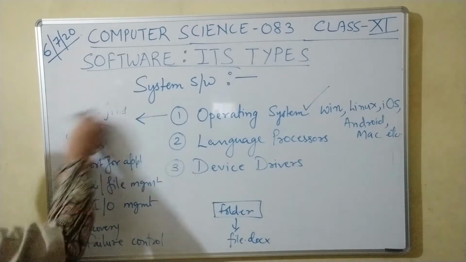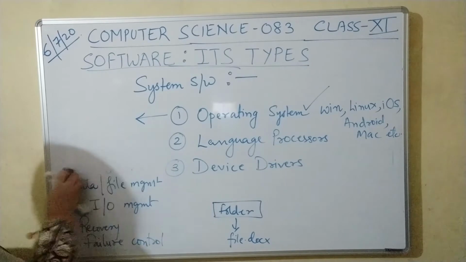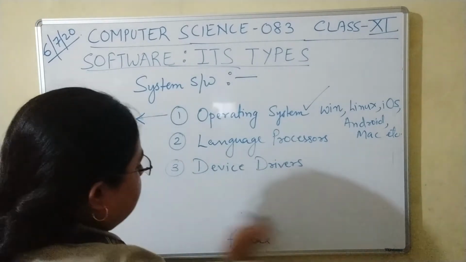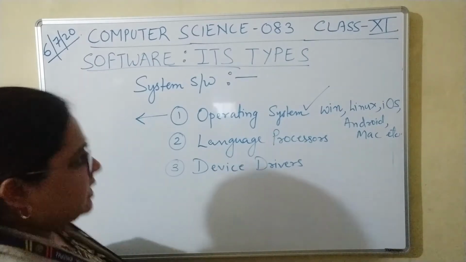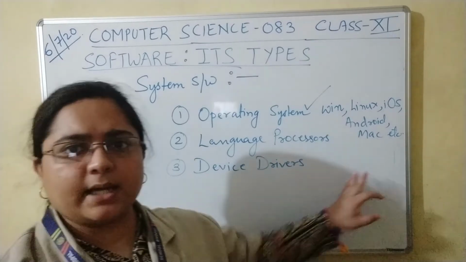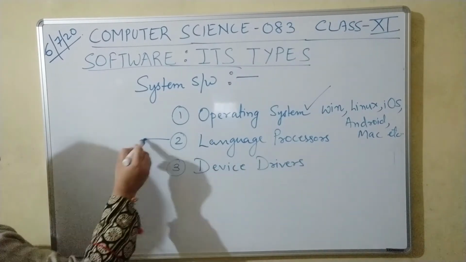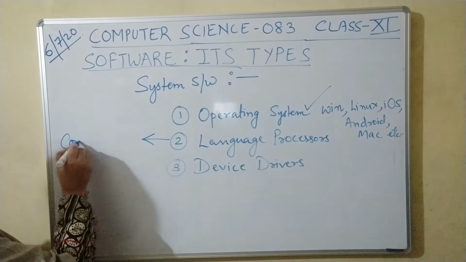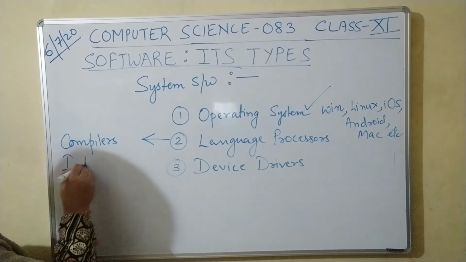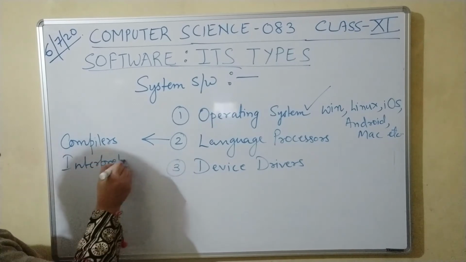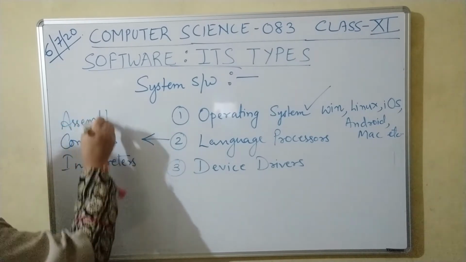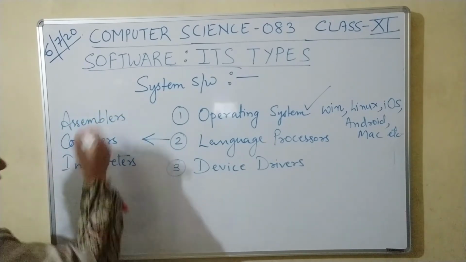Next, we come to our topic, language processors. We will be studying this in detail in our next section, so here I am just going to give you a gist. Language processors are your modern day compilers, interpreters, and, used in the olden days, assemblers.